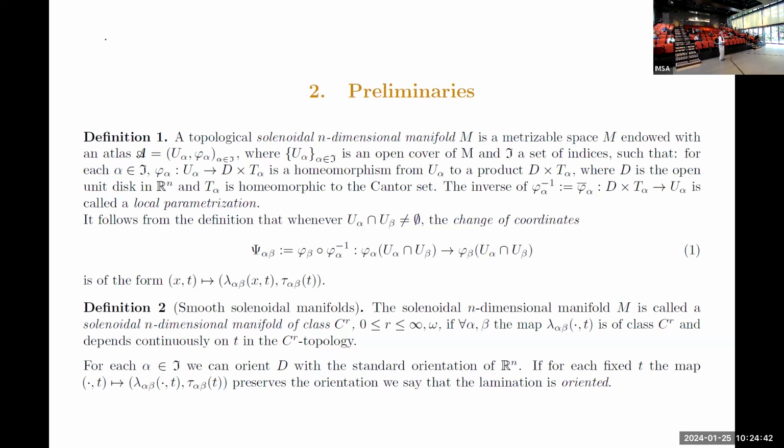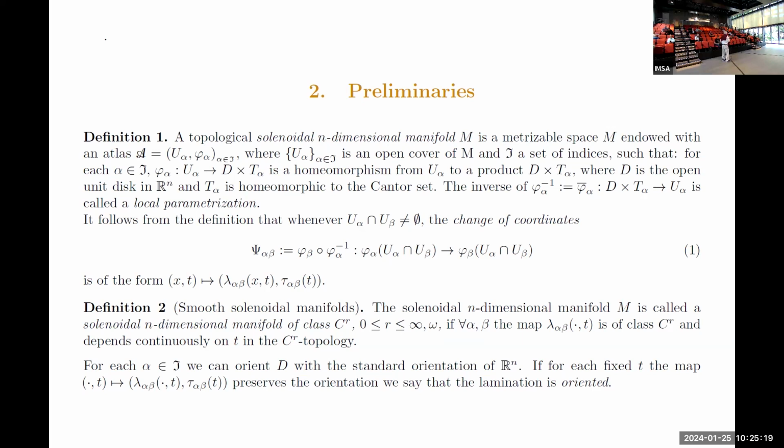Let's start more clearly. This is the definition of a solenoidal manifold. As you can see, it has charts that are open sets. You feel the space at that scale, and you have the coordinate changes, the usual ones, except that you require the coordinate changes to be of this form. This means that it shuffles the flat pieces. The open set is a ball in Euclidean space times a transversal, and if you want to change the coordinates, you always do so in this way.